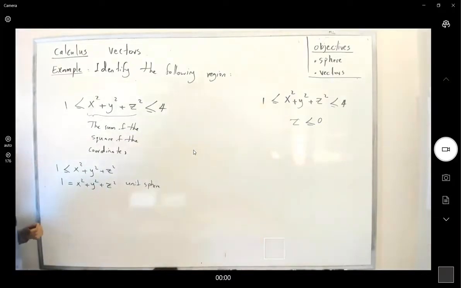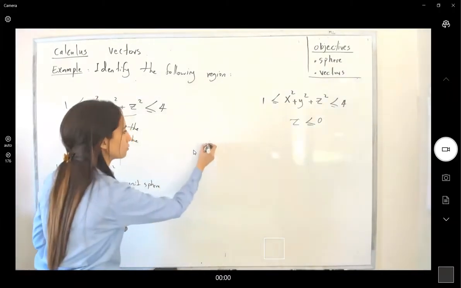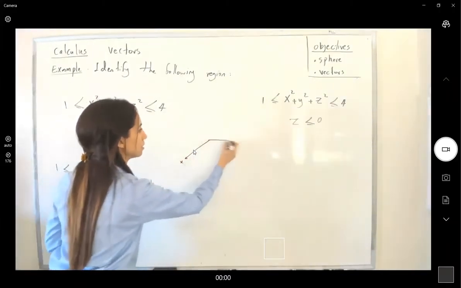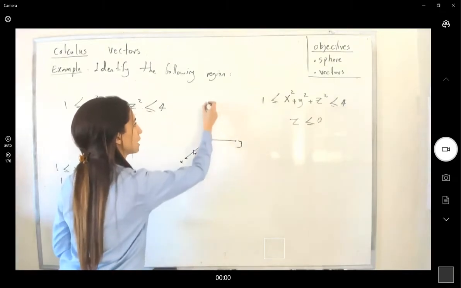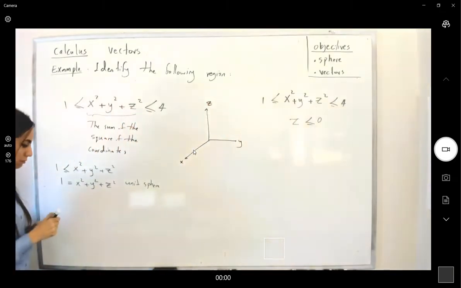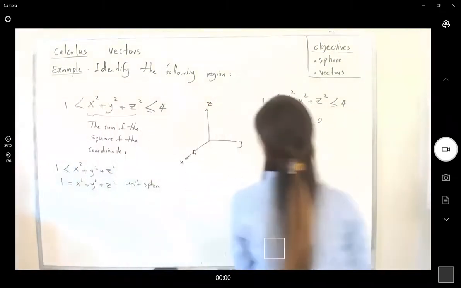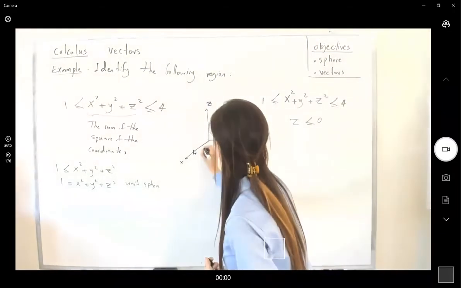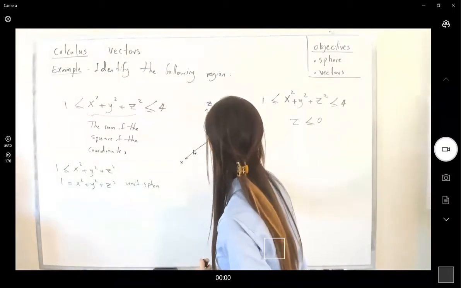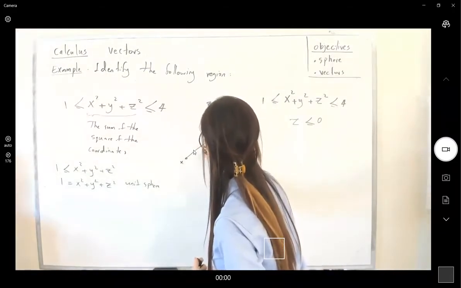Okay, perfect. How do we graph this? Here you have your x-axis, your y-axis, and your z-axis. Unit sphere, 1, 1, 1, and here you have your sphere.